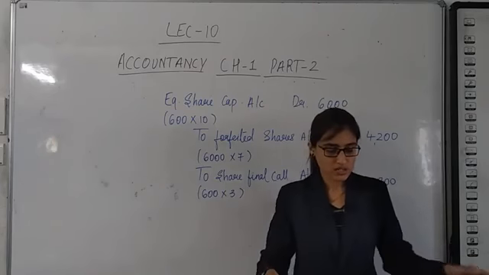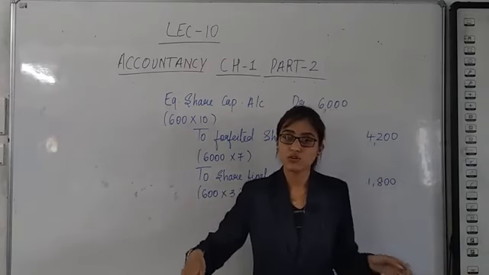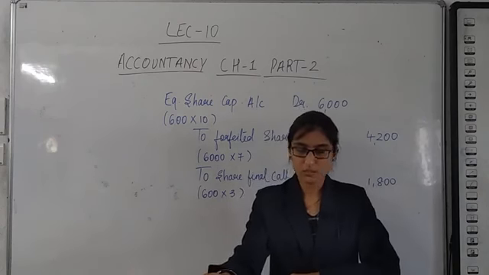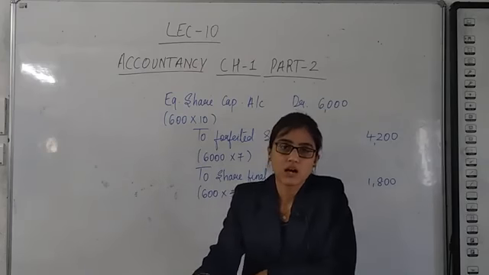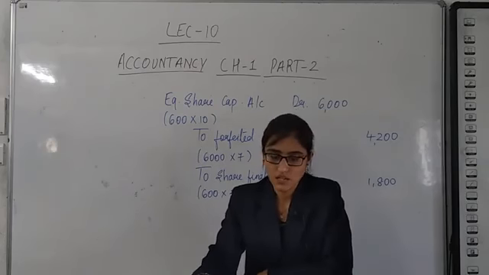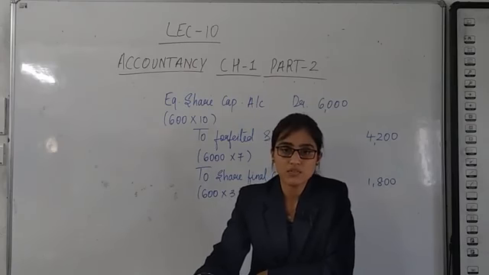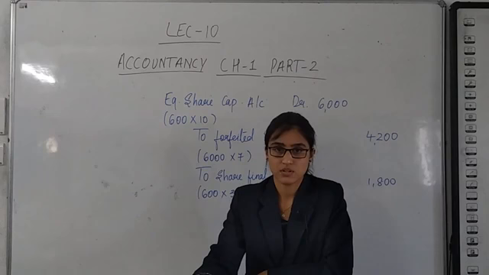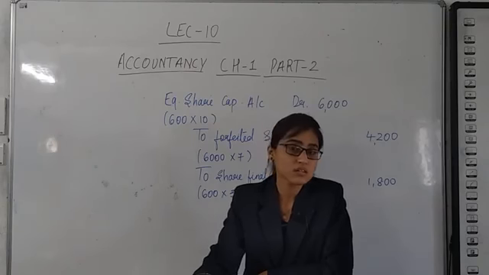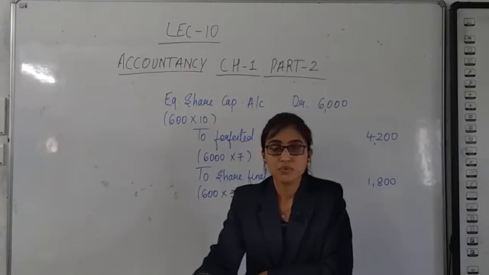You're going to read the concept of forfeiture of shares, which is given on page number 24, and you are going to write down the journal entry of share forfeiture, the two journal entries that are given on page number 25, of which first you are going to understand and learn the same. Before we start with the next lecture, you should be ready with this much.